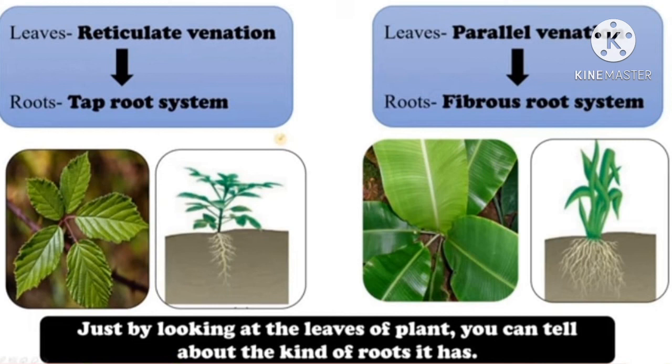If the plant has parallel venation in its leaves, then that plant will have a fibrous root system. So, just by looking at the leaves of a plant, we can tell the kind of root it has. No need to dig the soil and remove the plant to see its root.